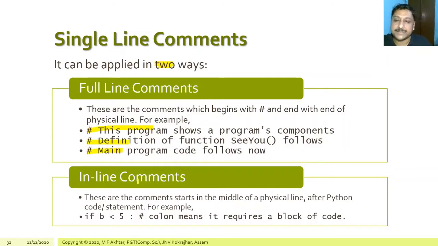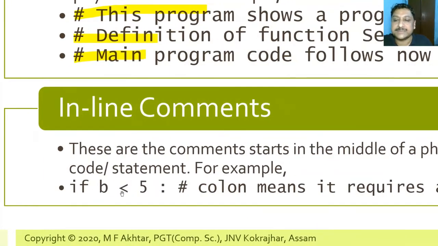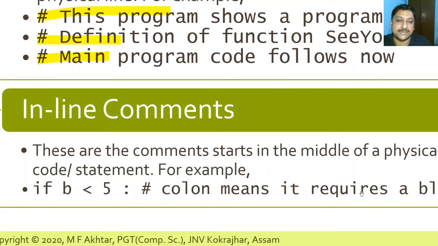Inline comments are those comments which include statements, commands to be executed, and also comments. That is known as an inline comment. See the example here. If b is less than 5, then colon, it is a statement, and after the hash a comment is given here. This is known as an inline comment.